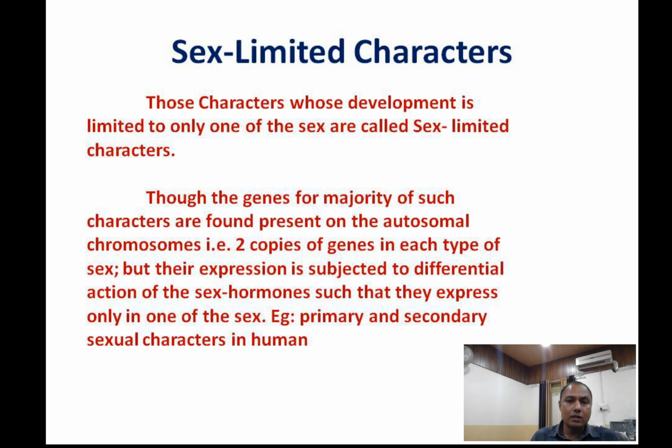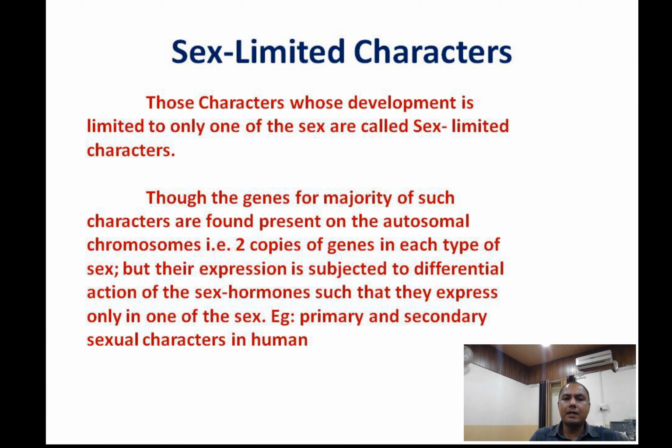But hormonal differences are such that they govern the development of such characters in such a way that some characters are produced only in one sex, not in the other sex. For example, the primary and the secondary sexual characters present in the males. So that is a sex-limited character.